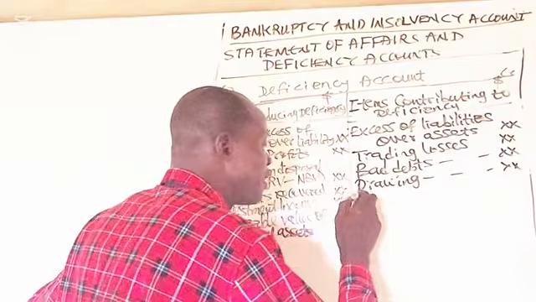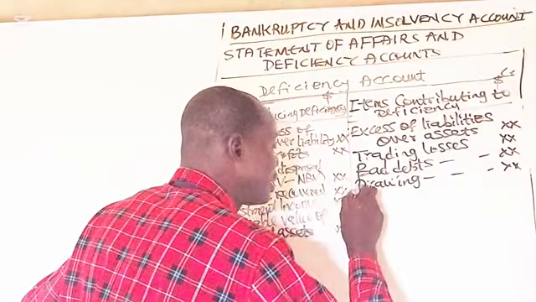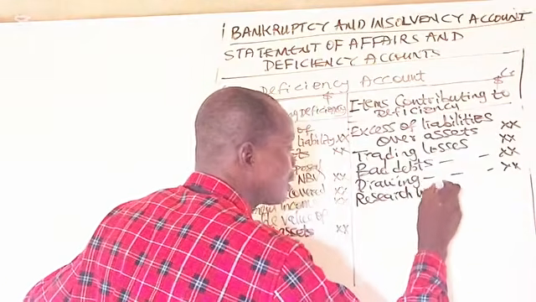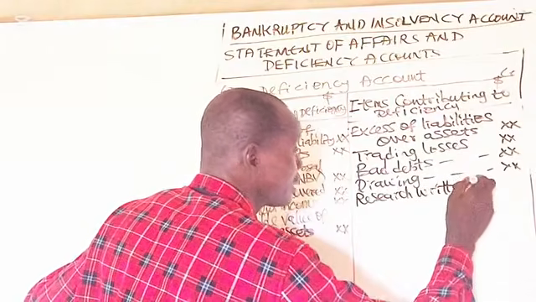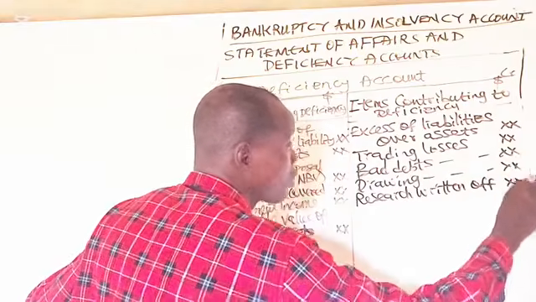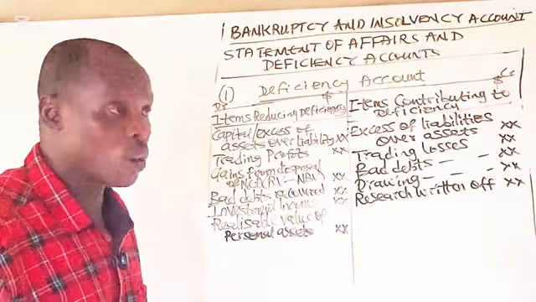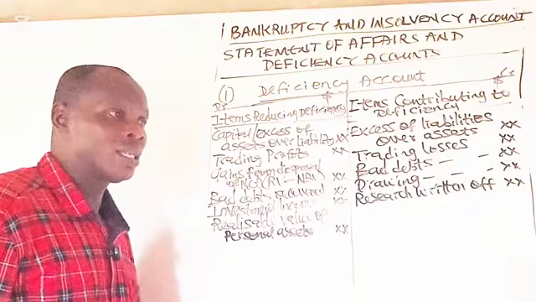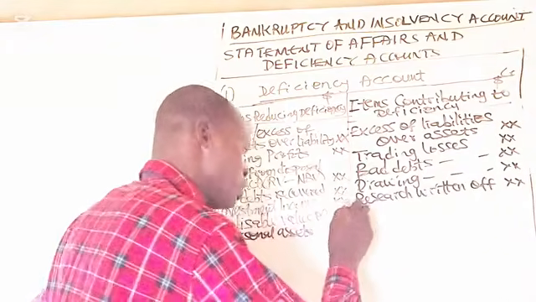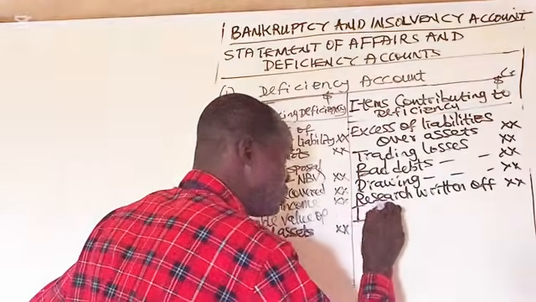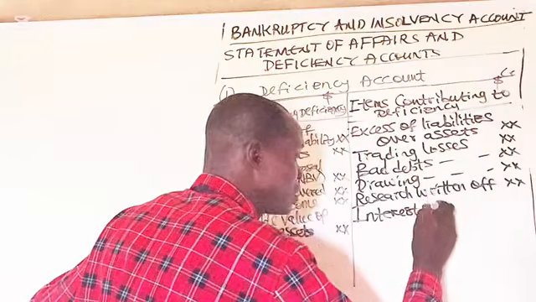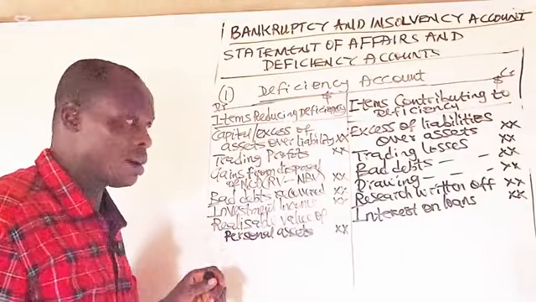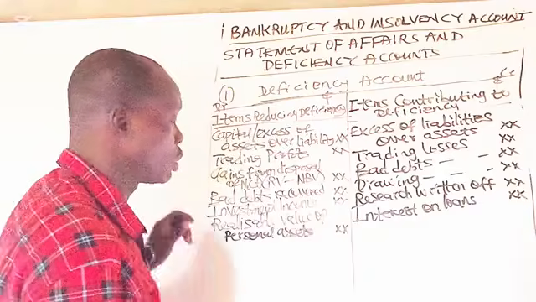Then if you have research written off, or any expenses written off, it will worsen the deficiency of the bankrupt. Then if you have interest on loans, where you borrow loans and the loans attract interest, the debt you are to pay will increase by the amount of interest on those loans. So it will contribute to deficiency.